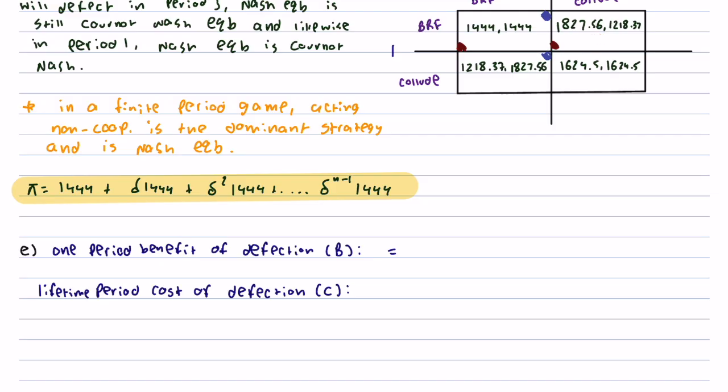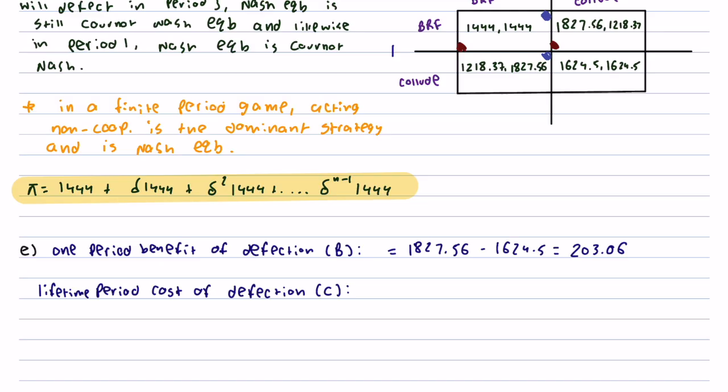So the one period benefit of defection is going to be equal to $1,827.56 minus 1,624.5, which is going to be equal to, let me just calculate it, 203.06.